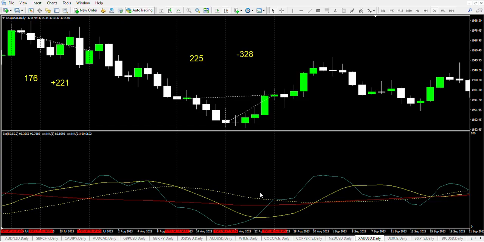And then before the 21 crossed, we had the blue line cross back above on this candle. So if you're doing both trades, both these trades would have closed out on that candle for a loss of 32.8 pips. There's no buy on this because one MA is above and one MA is below when the blue line crossed the red line.